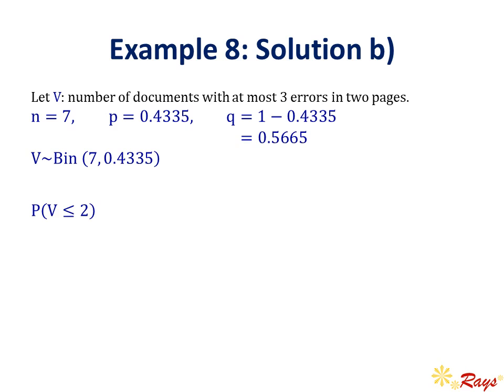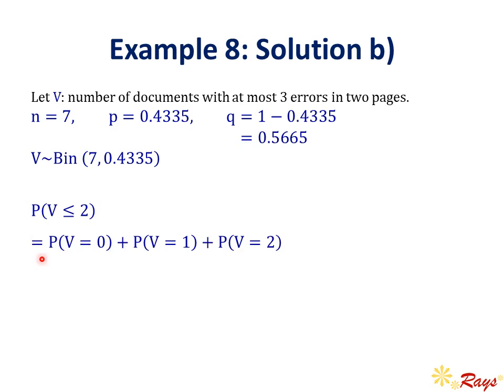So the question is, what is the probability that Farah makes at most 3 errors in 2 pages in at most 2 of the documents out of 7. So at most 2 means the maximum is 2.